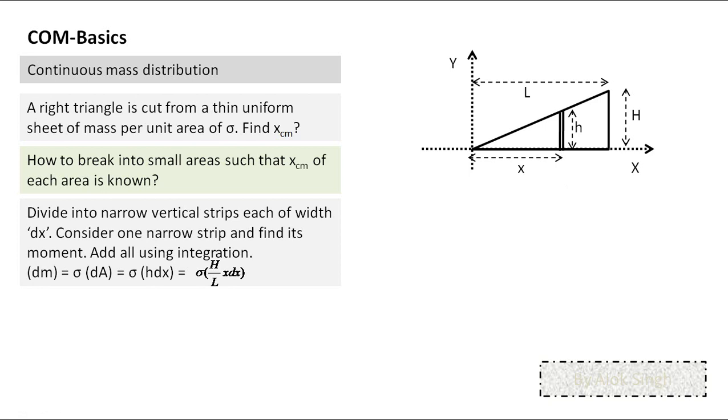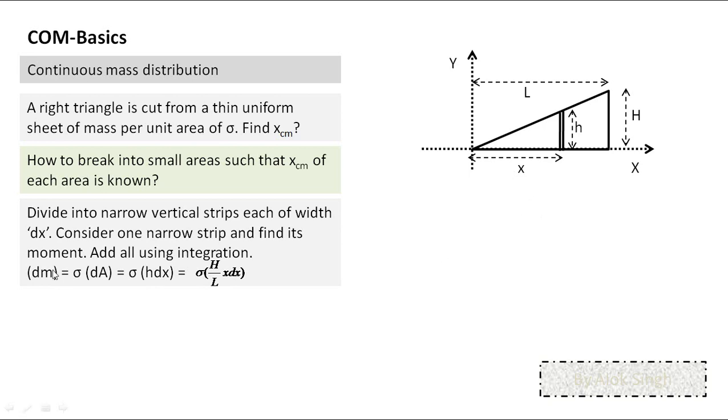What is the elemental area here? Narrow vertical strips. Then we pick up one random element: we take this coordinate to be x, a random value, and we find the moment of mass of that element, and then we add it up through the process of integration. Thus we get the moment of mass of the entire triangular shaped area.